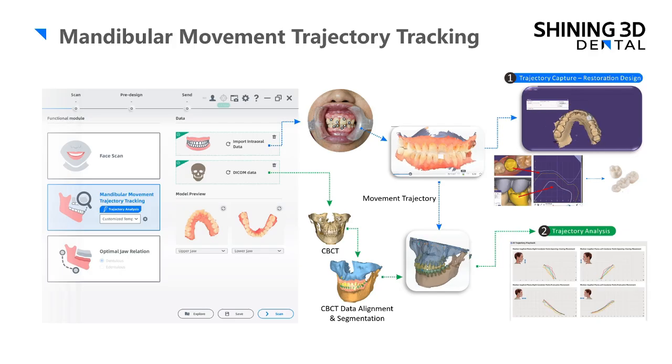It can also combine the intraoral scan data with the DICOM data as well as the facial scan data. It can visualize the jaw motion and contact point movement, and it can help the communication between the dentists and the patient. It can also form a report, as we just mentioned, and it can be used to analyze the TMJ health situation of the patient.